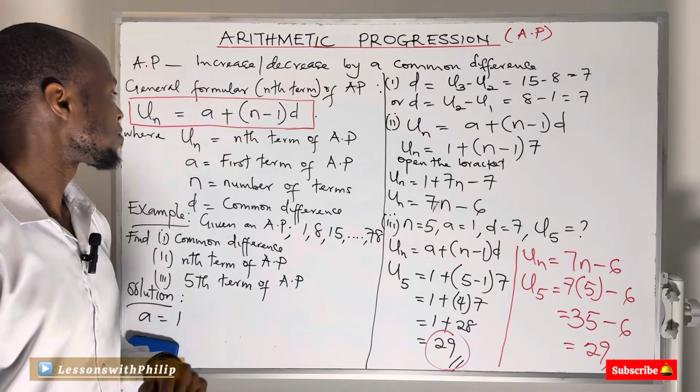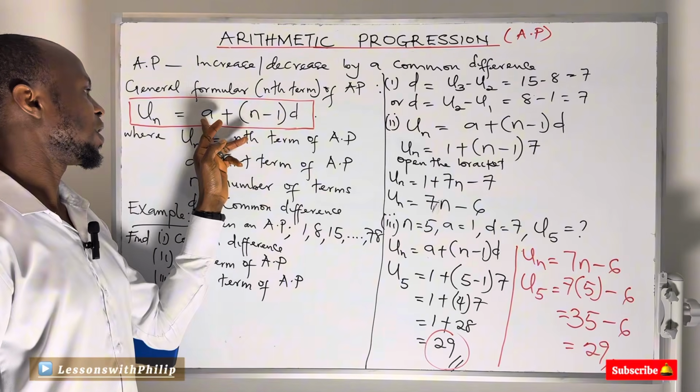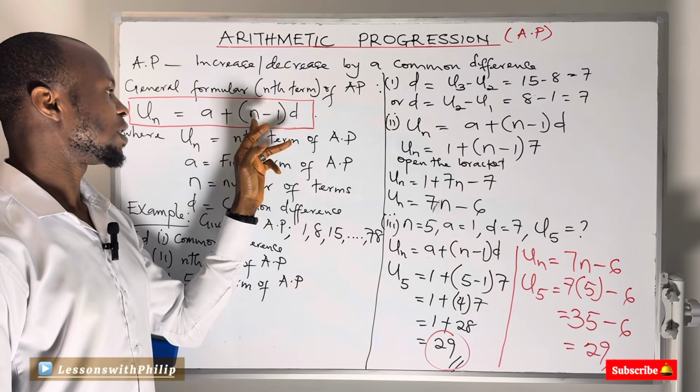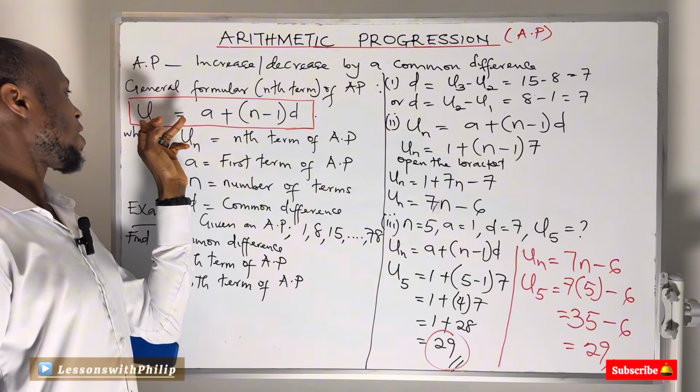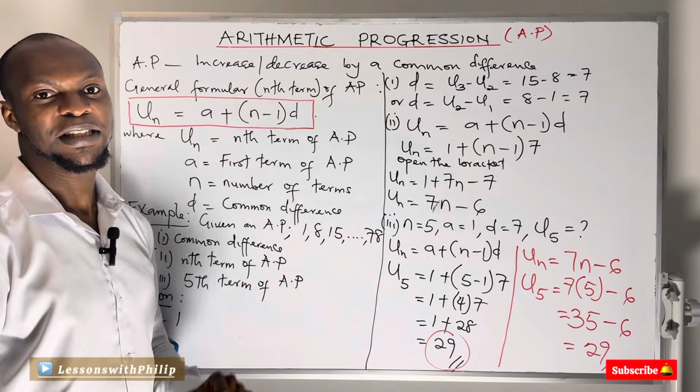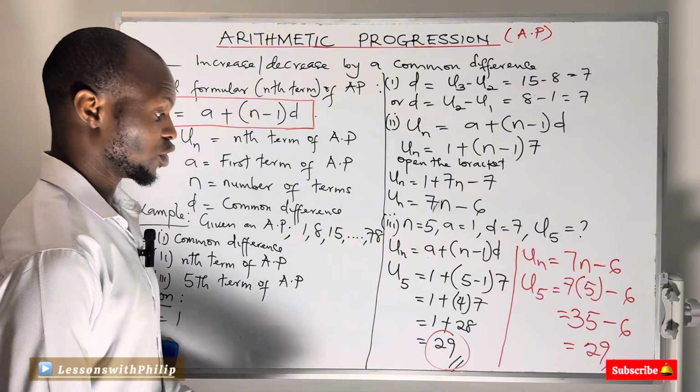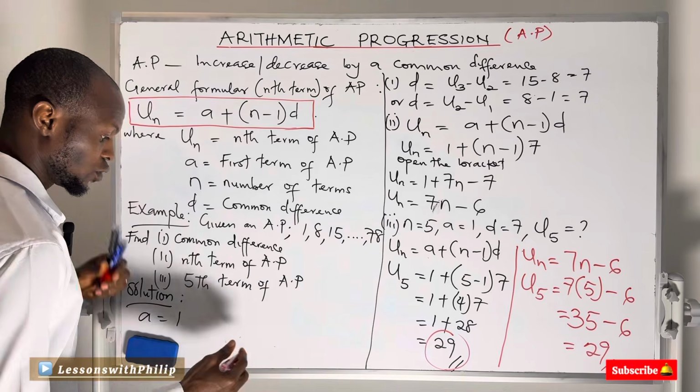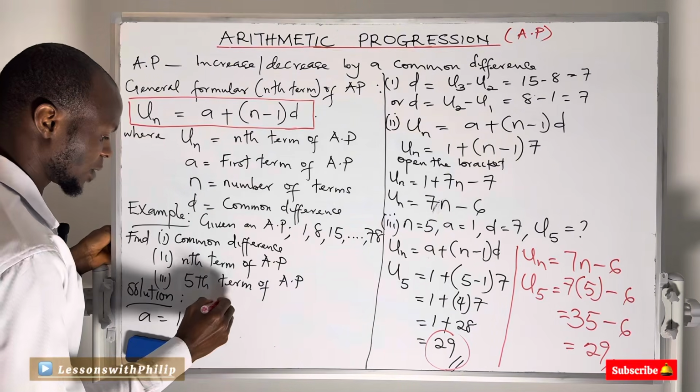Now in the sequence, you know your a, you don't know your n, you know your d, but you know your nth term to be 78. What you just need to do is put your 78 in this place.